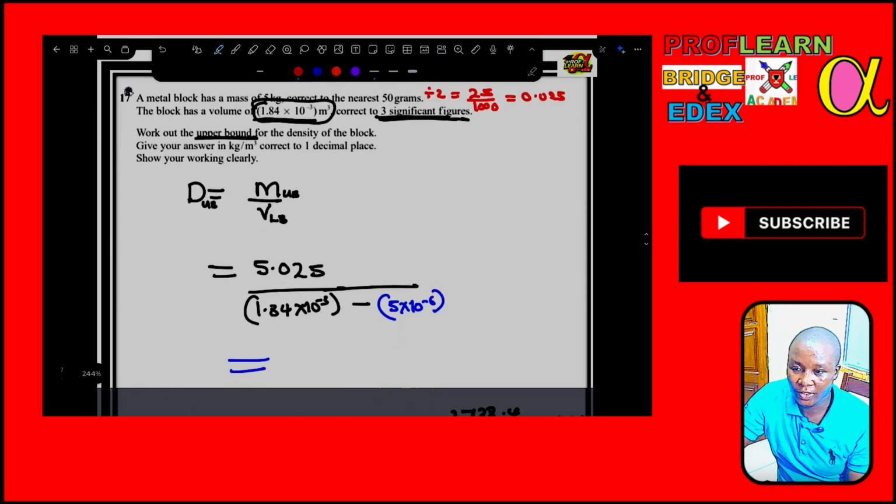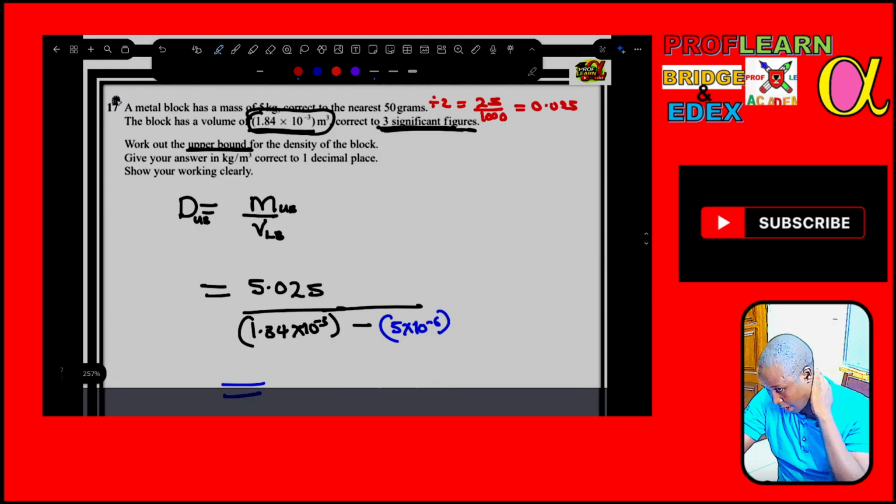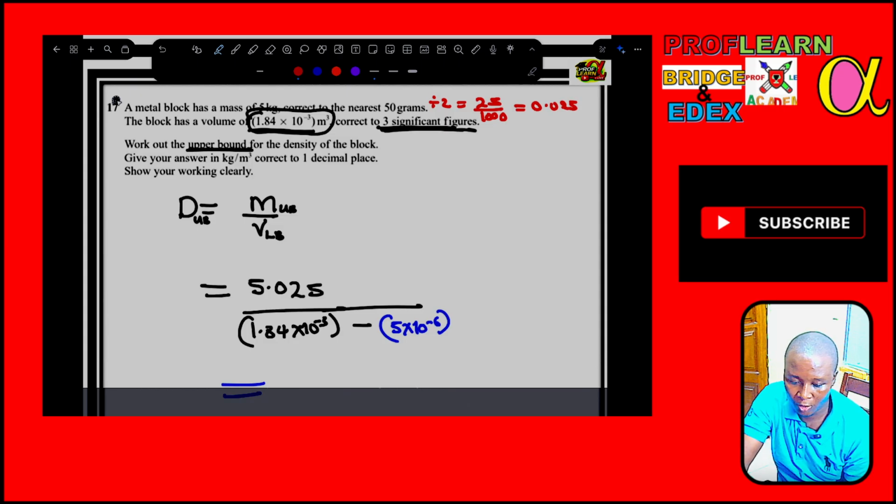Question number 17. Also, this is a question to do with bounds, upper and lower bounds. A metal block has a mass of 5 kg, correct to the nearest 50 grams.